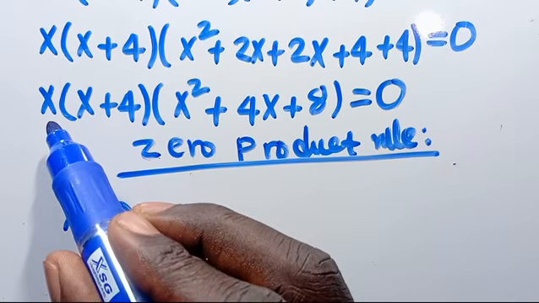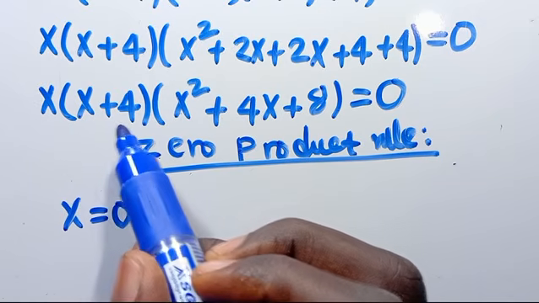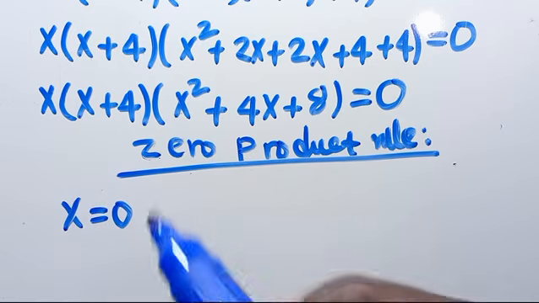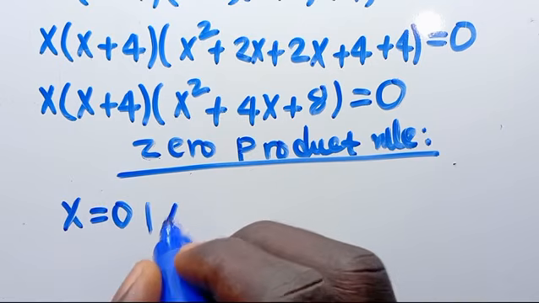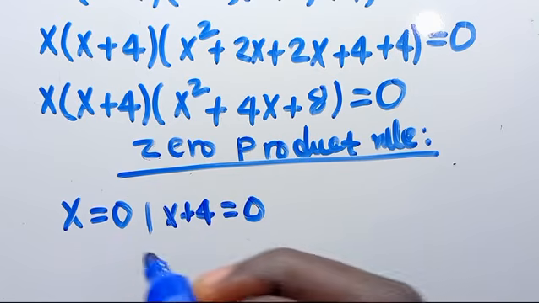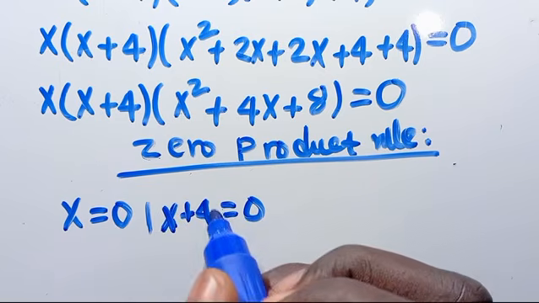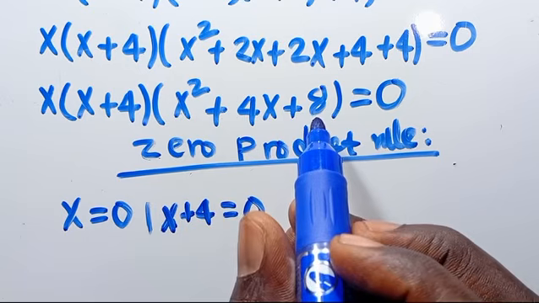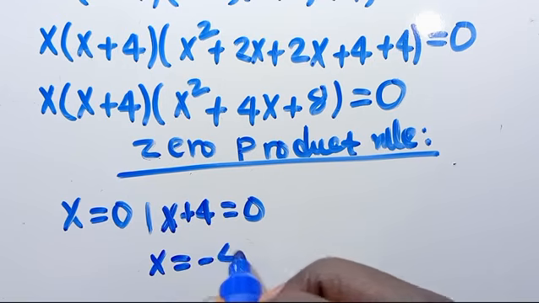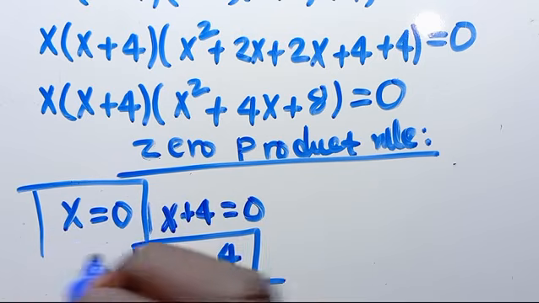If this x equals 0, the moment we multiply everything that we have here by 0, this side will be equal to 0. Or we have x plus 4 equals 0. If x plus 4 equals 0, definitely multiplying it by this, everything will be 0, and here x equals minus 4.